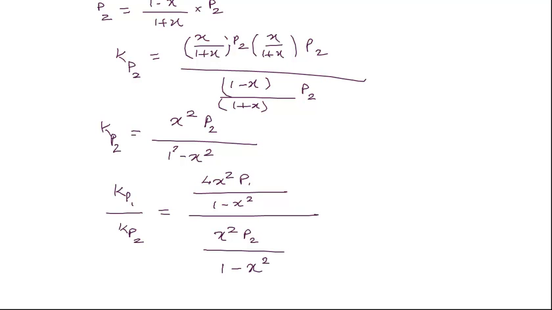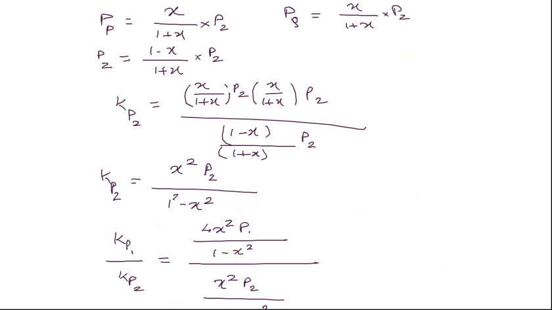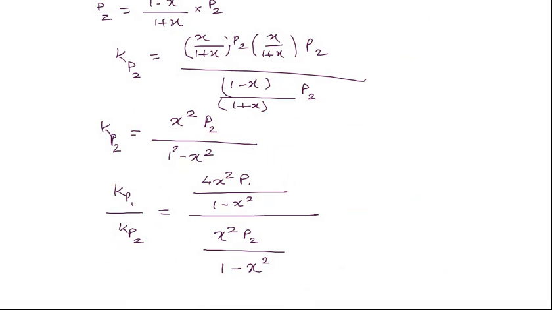So your Kp1 to Kp2 ratio is given as 1:9. How can I solve this?